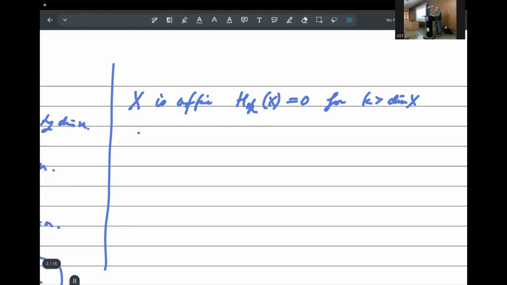So suppose you knew that X is X bar minus A, where X bar is smooth, right? A is also a smooth divisor.